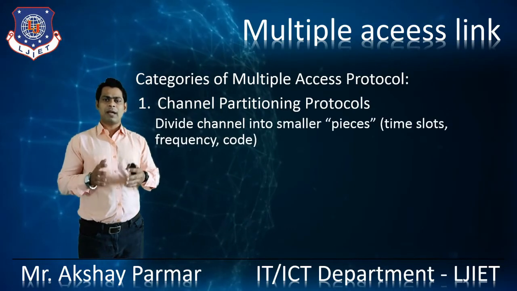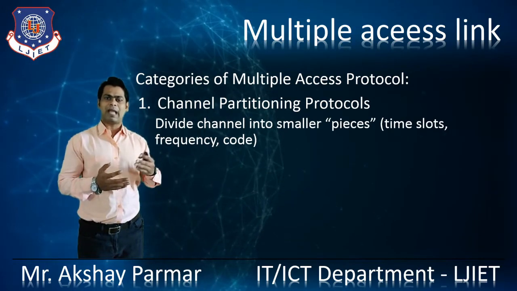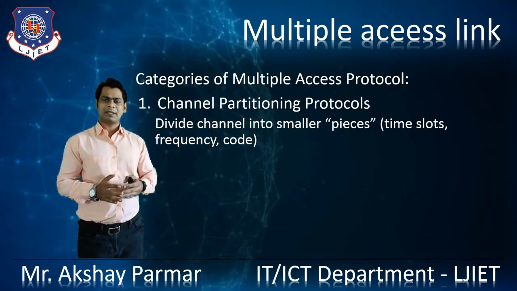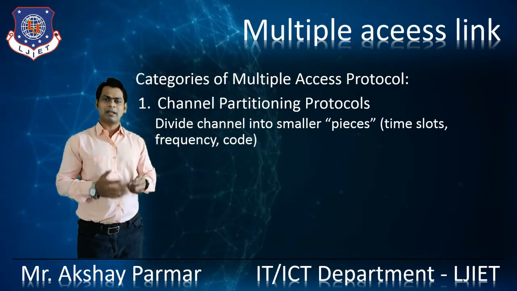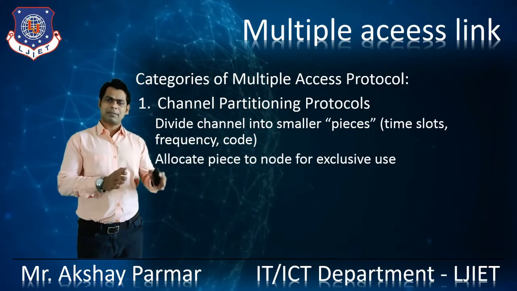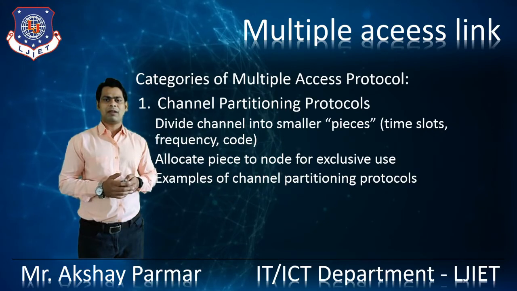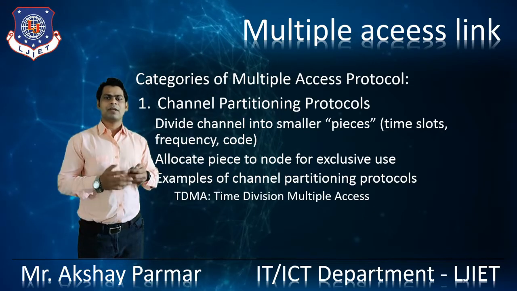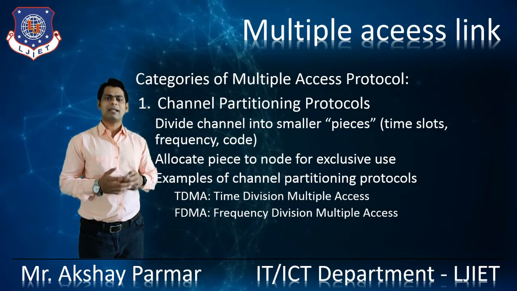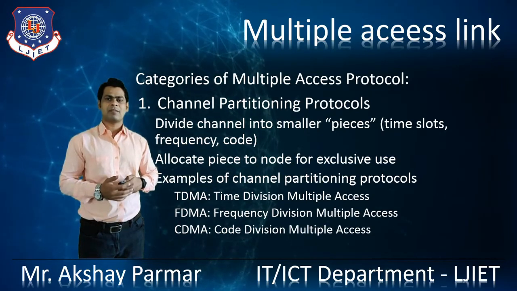In that, it divides the channel into smaller chunks or pieces. Those pieces may be time slots, frequency slots, or code slots. Each piece is then allocated to a node for exclusive use. Kinds of channel partitioning protocol are TDMA, time division multiple access, frequency division multiple access, and code division multiple access. We have seen all of them in brief in our previous session.